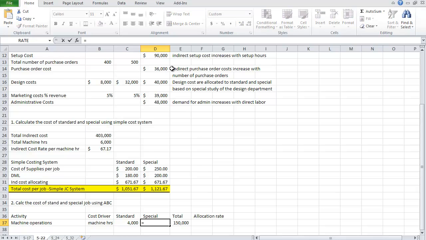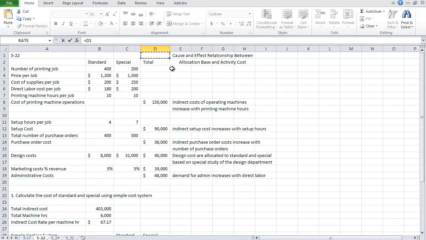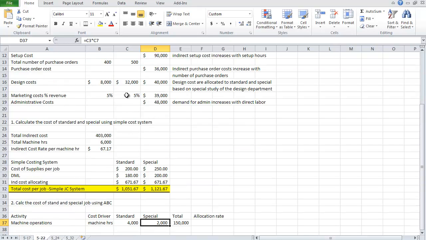We're going to do the same thing for the special. So in the specials case, we have 200 jobs times 10 hours per job, so we'll end up with 2,000 machine hours.